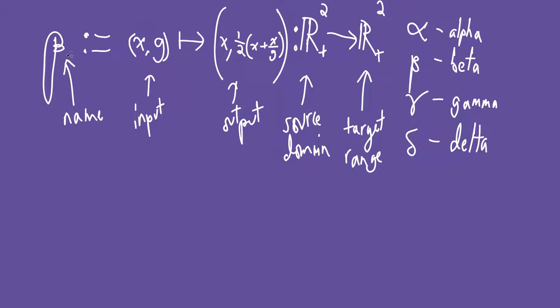So this is what the notation refers to. These are the parts of the notation. I didn't want to skip over that if anybody wasn't comfortable with it. But that's out of the way.